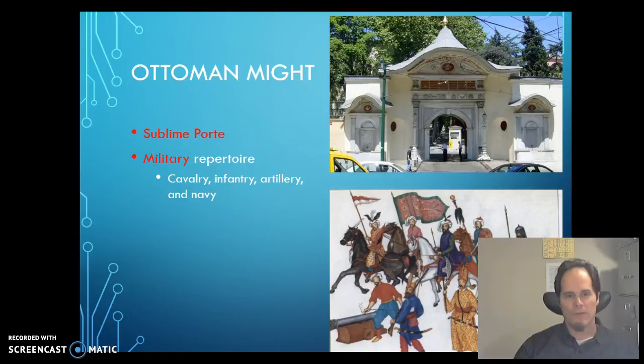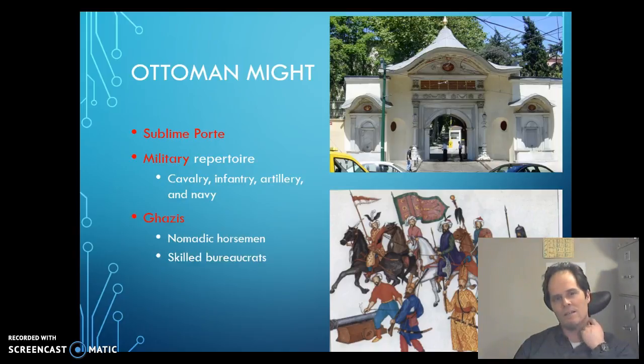Now, the military of the Ottomans is interesting, and it also is going to undergo change even throughout the period of greatness. In the early going, it would have referred to the cavalry and infantry, and there was a special group of people known as the Ghazis, who were essentially mounted warriors, many of them from the steppe, Turkic warriors, nomadic horsemen from the east.